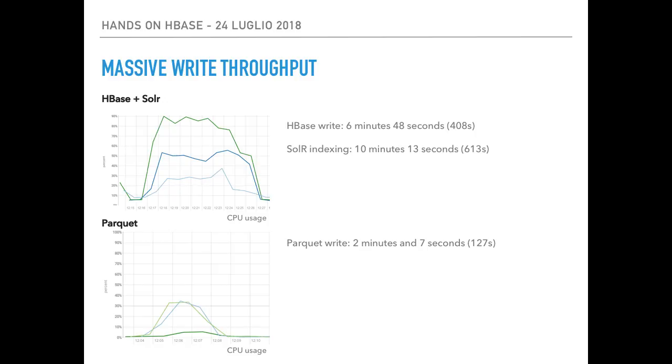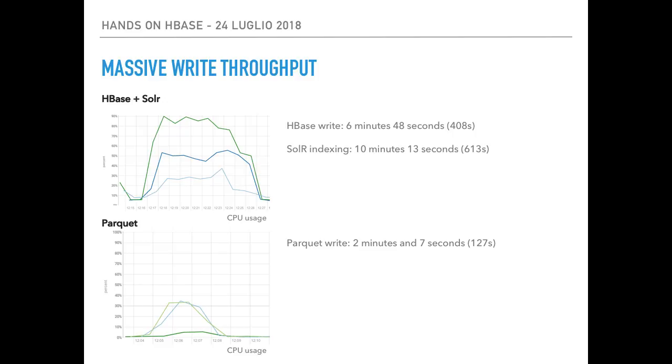The solution based on Parquet files was the other option we might have wanted to go through. Writes are a lot slower: about 3 times slower on HBase for the HBase part only, and then about 5 times slower than Parquet files for indexing the data. It was also using a lot more CPU because indexing is costly. But you don't end up with an order of magnitude of difference.